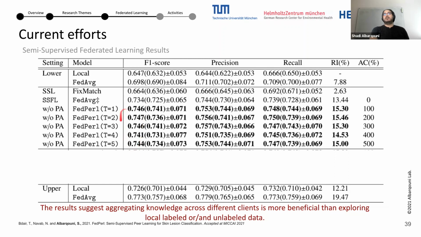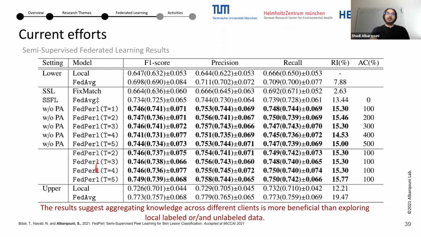They are somewhat comparable, however, at the cost of communication. This suggests that sharing one peer is probably sufficient to have pretty good performance. However, this might be at the cost of privacy. And this is where we introduce peer anonymization, where you could still keep this performance, and probably slightly better, at low cost.